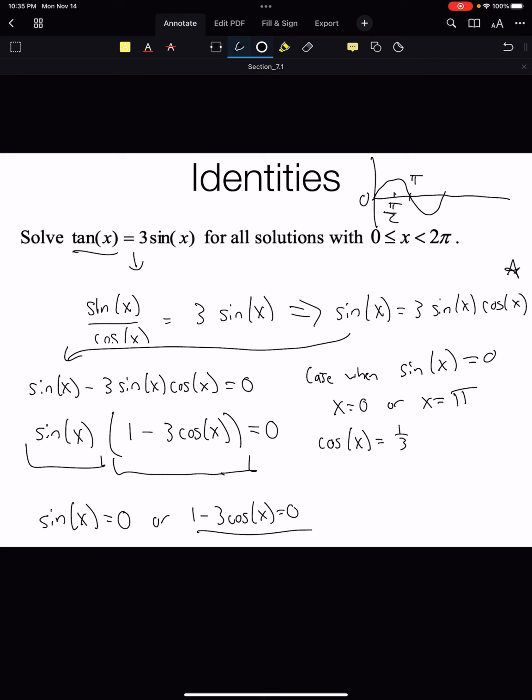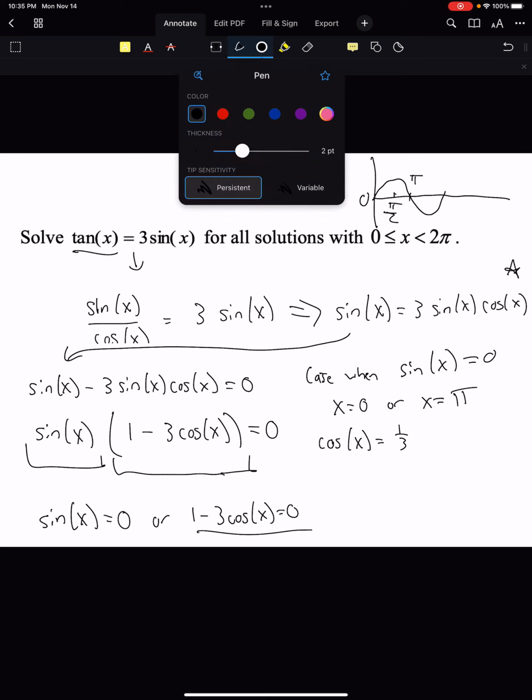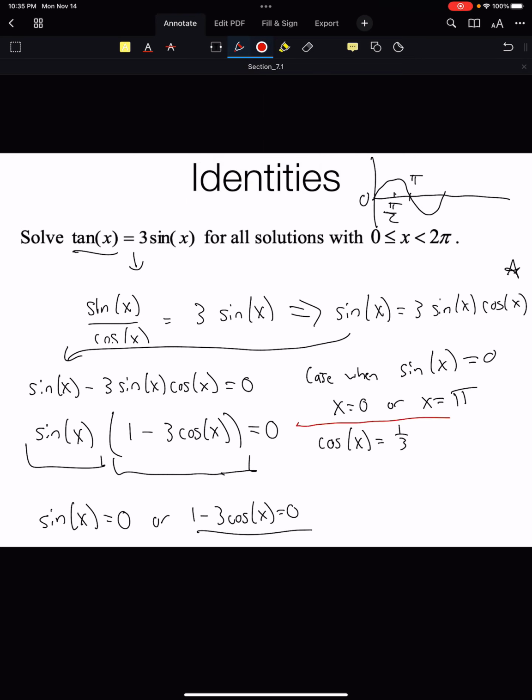And so we need to use our inverse trig knowledge to say that x, so sorry, let me delineate what's going on here because I know I'm writing a lot. So I have cosine of x equals 1/3. So then I know that x is going to equal inverse cosine of 1/3.